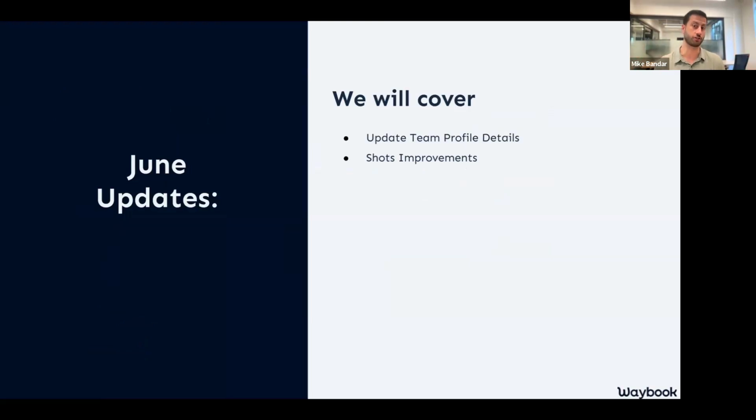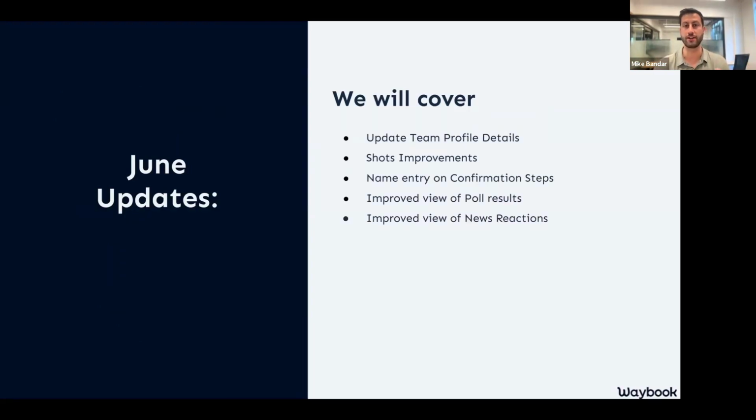So if you've not seen Shots before, then you'll see a slightly improved version of it. We also have the ability for you now to increase the confirmation steps, or almost add an additional form of signing on confirmation steps, which we'll cover. And we've also continued to optimize and tweak both polls and news, which were some of the main features which we released at the very end of May, beginning of June.